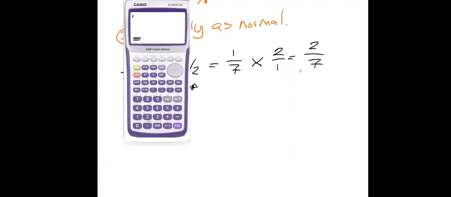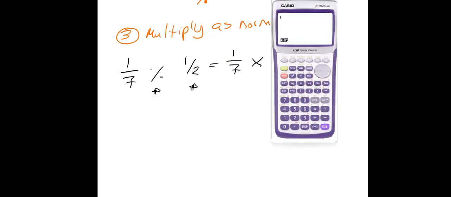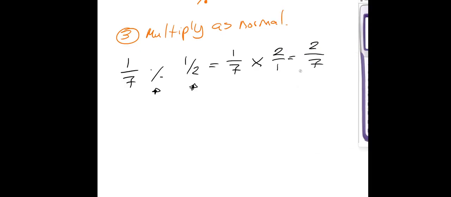And just to prove it, 1 over 7 divided by 1 over 2 is 2 over 7. If we wanted to know what the decimal fraction was for that, it's that number there, but it's easy to just put 2 over 7. Okay, so far so good.